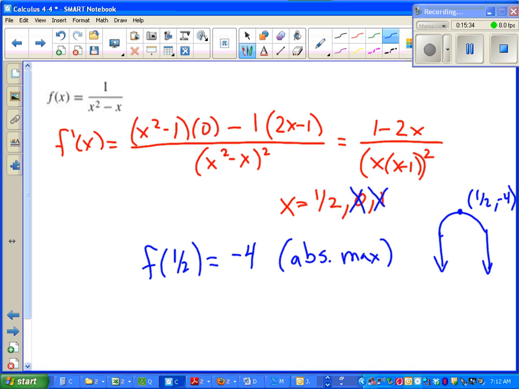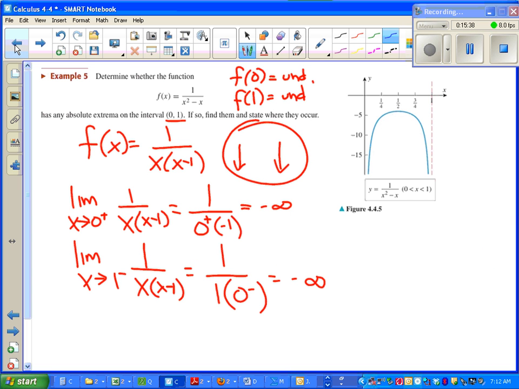I'm going to go back to that previous slide, and we can look at the graph and verify this. Both asymptotes went down, and at 1/2 we had our maximum, and that's at 1/2, -4. Everything seems to work out.